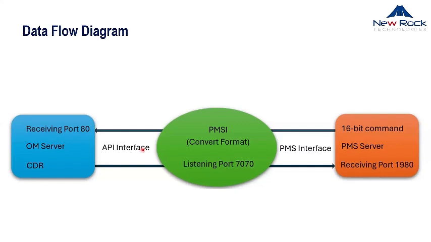The other part works as a server of the OM IP-PBX and serves as the client to the PMS. It receives orders from the OM PBX and converts them to a standard protocol that can be recognized by the PMS, so it can be sent from OM to the PMS. That's the data flow diagram of our PMS middleware.